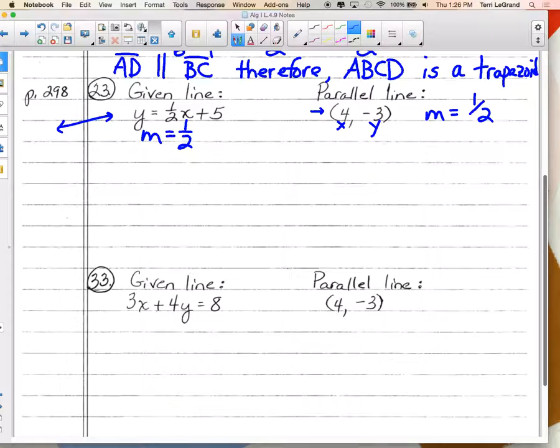So Carson's right. We have to have a slope of 1/2. We know an x value, we know a y value. Do we know how to find a y-intercept? No. An equation? Sure we do. We can use point slope form, or we can use slope intercept form. So you pick which one you're going to use. I'll do mine, you do yours, okay? I'll use this one today.